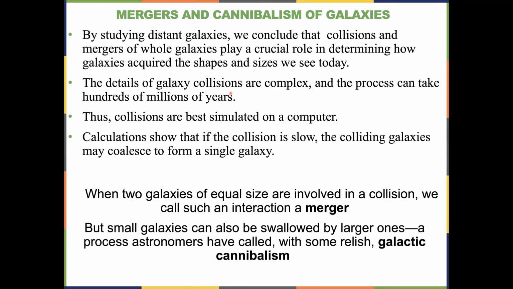So that's what astronomers do most of the time if they want to look at the whole process of these collisions. They give these initial parameters and simulate those to see how these galaxies collide with each other and what happens after that, right?